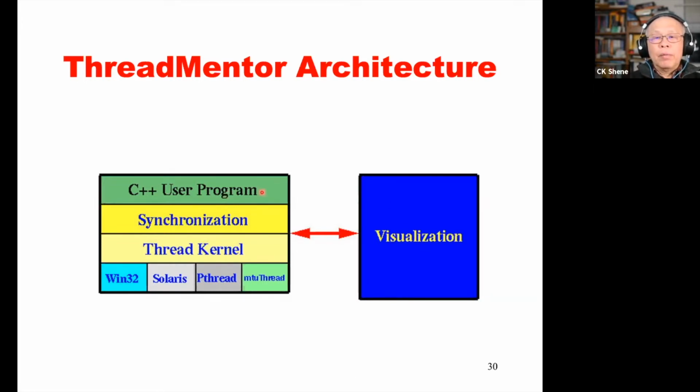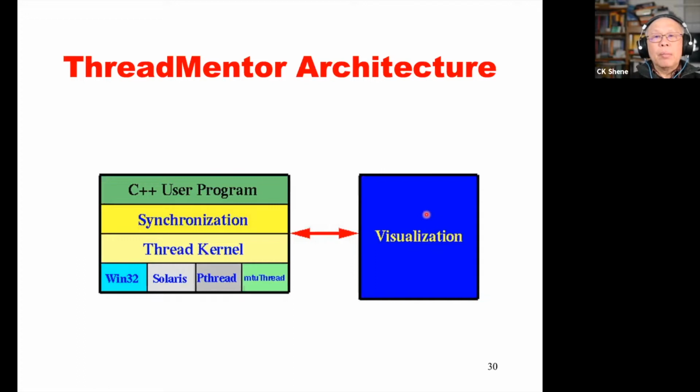Now, if the visualization is compiled to become part of your program, you could blame the visualization rather than your program. So it's human nature. In order to isolate your problem and the visualization's problem, the visualization is run in a separate address space. So your program only communicates with the visualization through some kind of message passing.